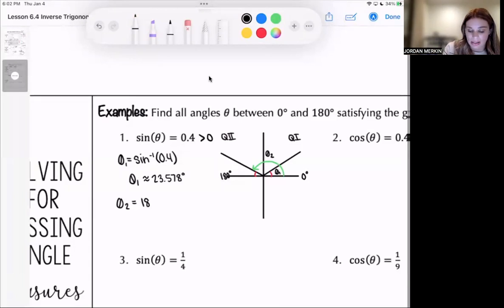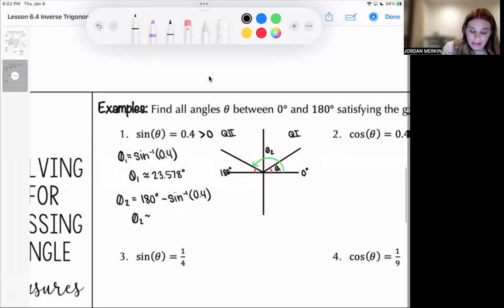So it would be 180 degrees minus the inverse sine of 0.4. These angles are supplementary. In other words, they add up to 180 degrees. Okay, so theta 2, if you punch that into a calculator, you'll get approximately 156.422 degrees. Okay, so let me box those answers.